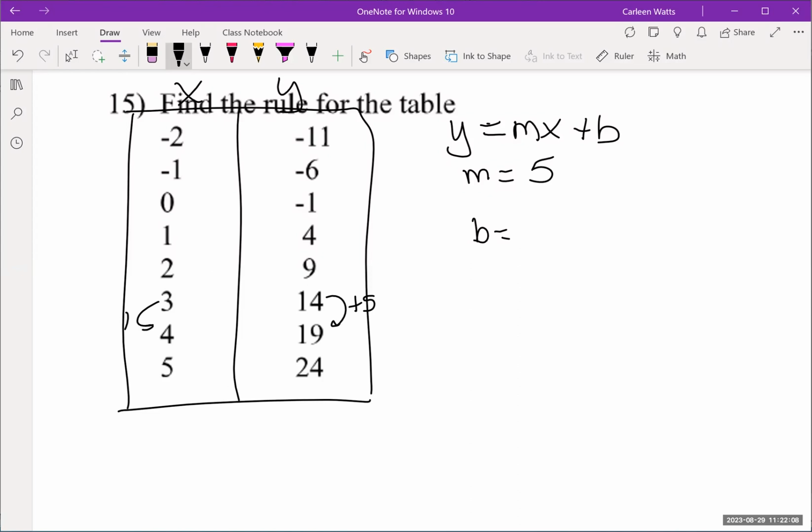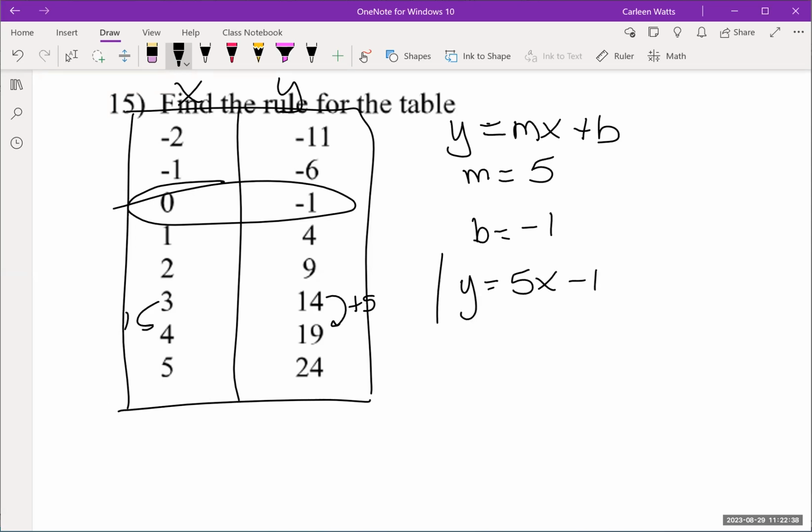Okay, Zoomers, type in, personers, tell me, what is B? -1. Okay, like with your fingers. How do I find it? Right here? Yeah. You go to X equals 0. There is B. B is -1. So the equation is, good job, everyone, 5X minus 1.